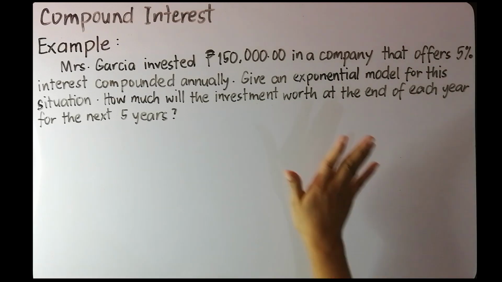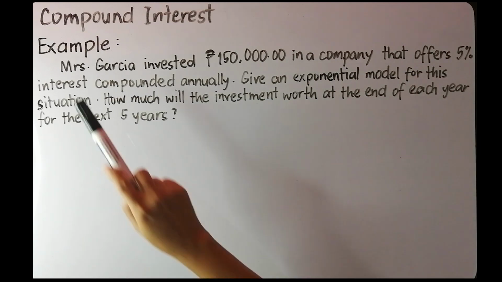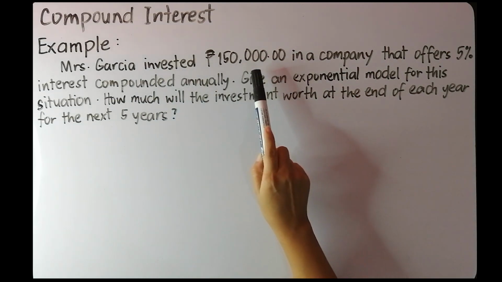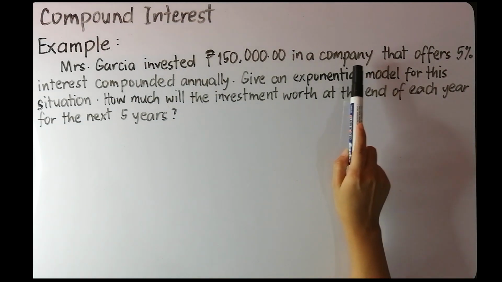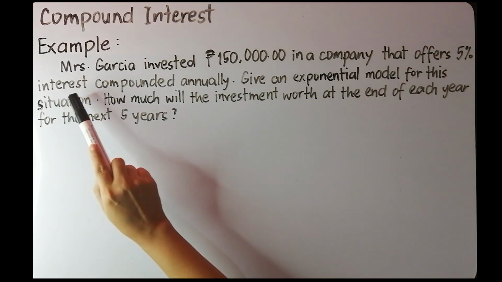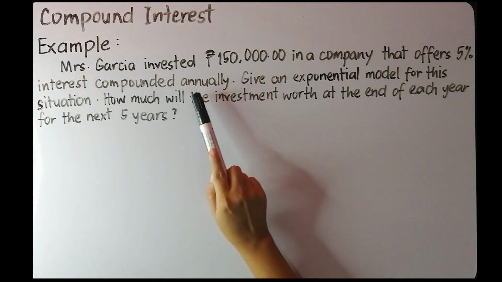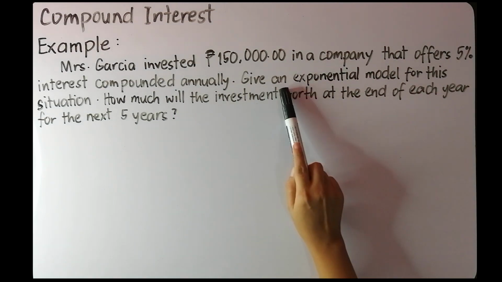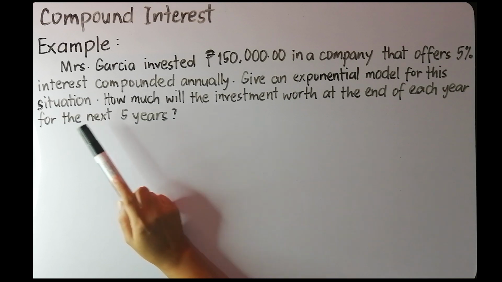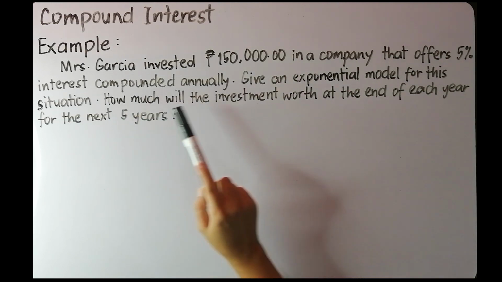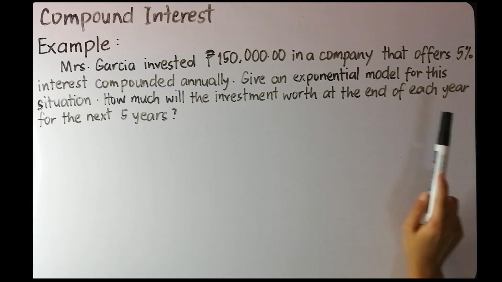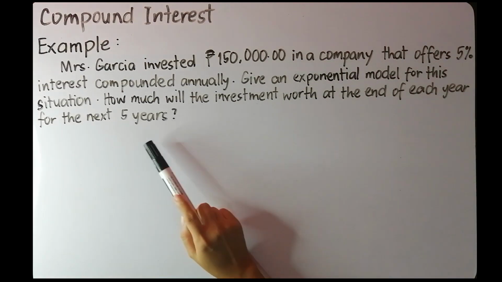So now, let's have an example. Let's have this given problem. Mrs. Garcia invested 150,000 in a company that offers 5% interest compounded annually. Give an exponential model for this situation and solve how much the investment will be worth at the end of each year for the next 5 years.